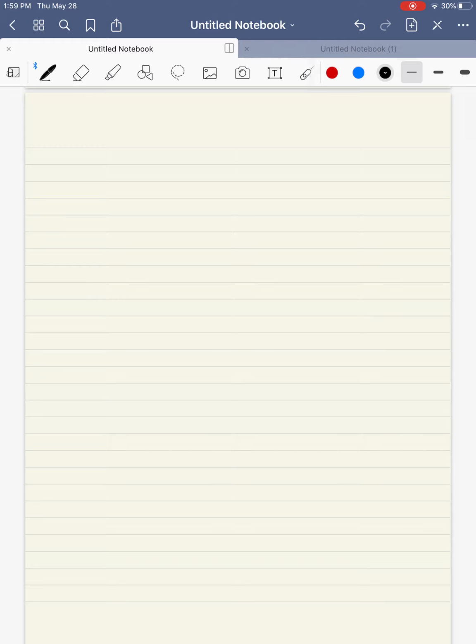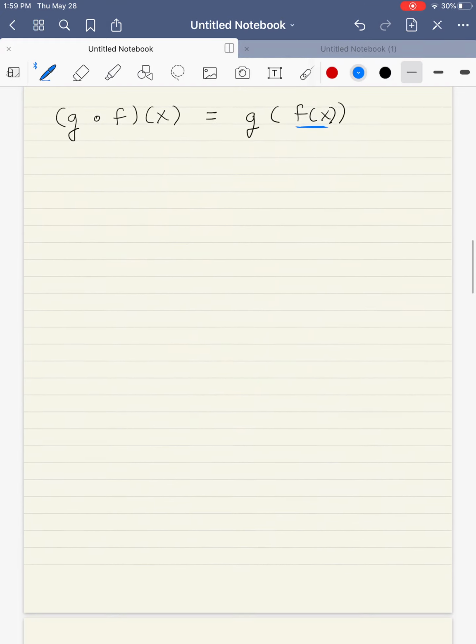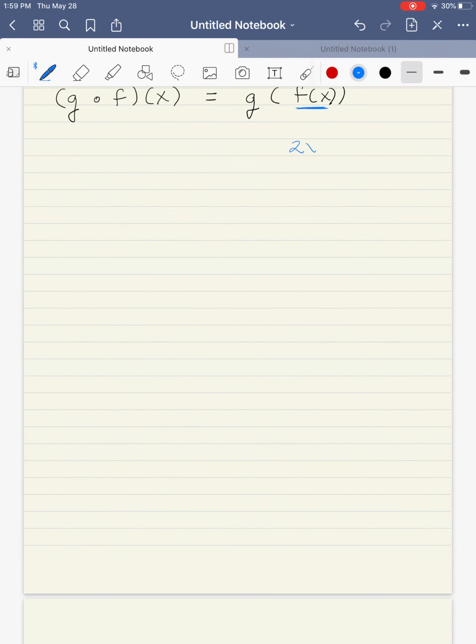Let's try it the other way around. Let's find g of f of x. In this case, g is the outside function, and f of x is the inside function. So in this case, we were taking whatever f of x is, 2x plus 5, and we are plugging it into the g function.